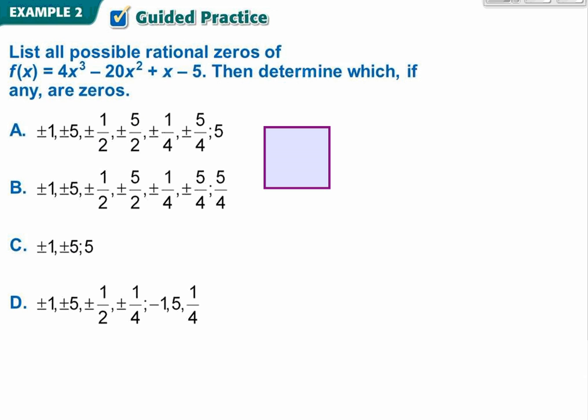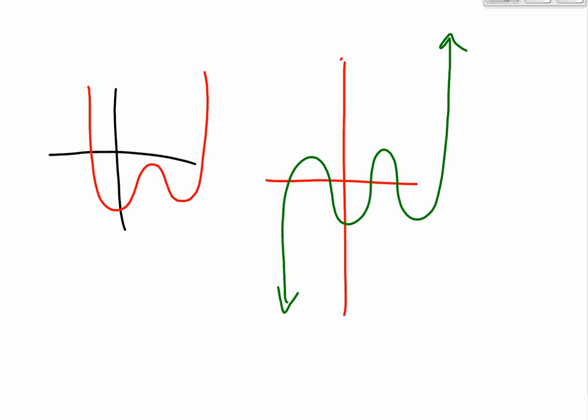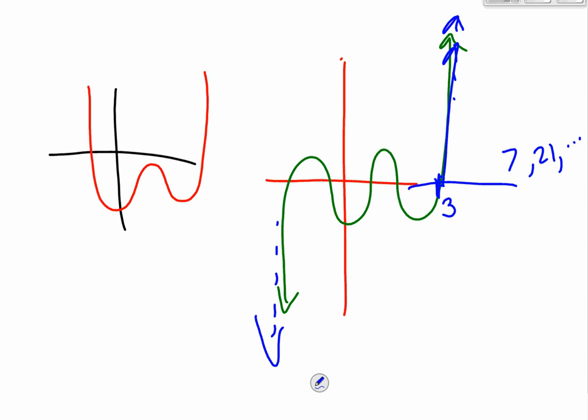Well, if you're thinking about that logically, then suppose this is just at like 3, but you've got bigger numbers that are factors, 7, 21, and so on. Well, after 3, it's never going to get near 0, right? And it's going to get super big. Or if it's this way, it's going to get super negative, right?